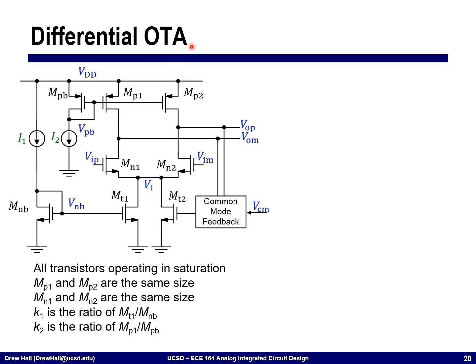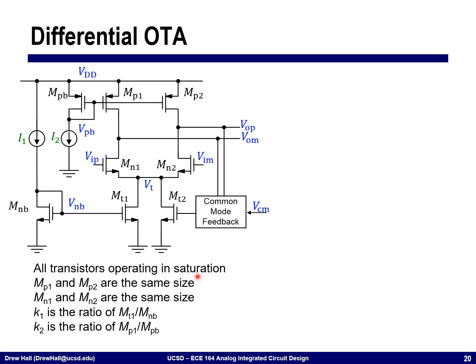All right, so now if we look at a differential amplifier, you'll see here that I'm showing a fully differential amplifier. We're going to go through the same analysis that we did for the single-ended amplifier. However, it's quite a bit easier and much more straightforward given the symmetrical nature of this structure. The same setup as before.